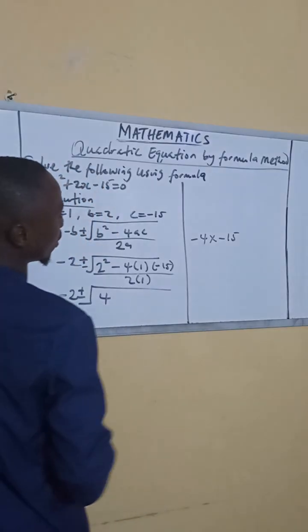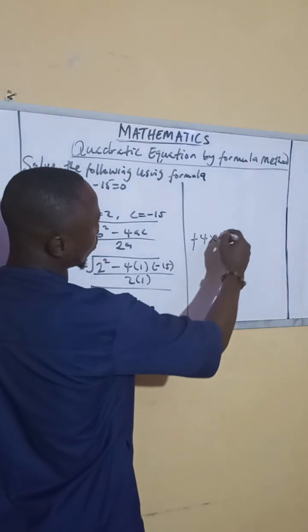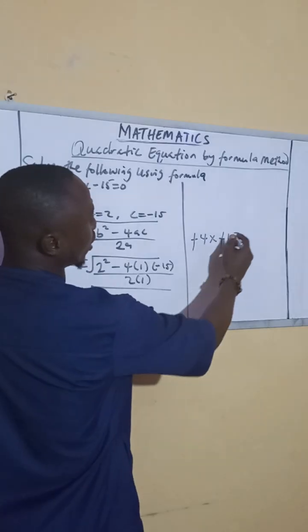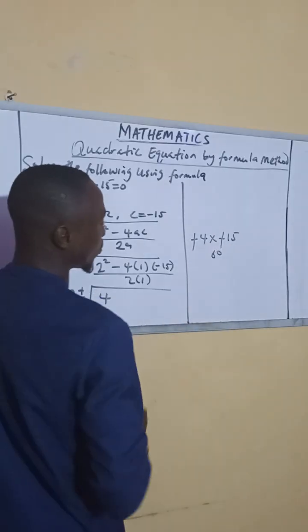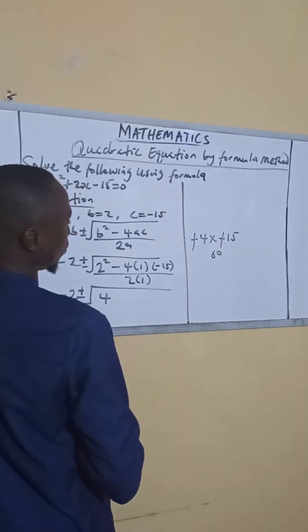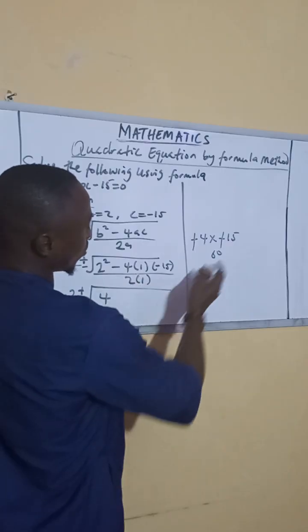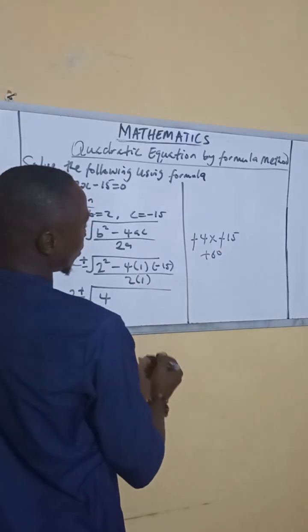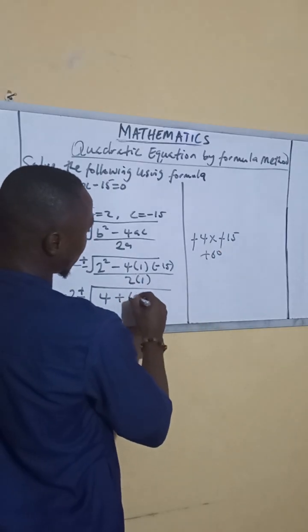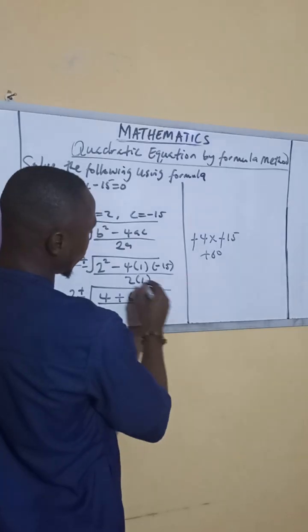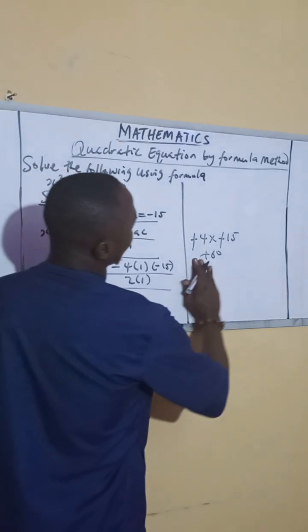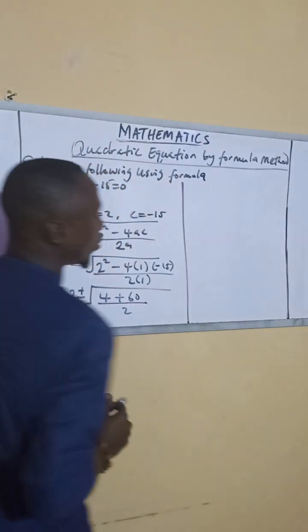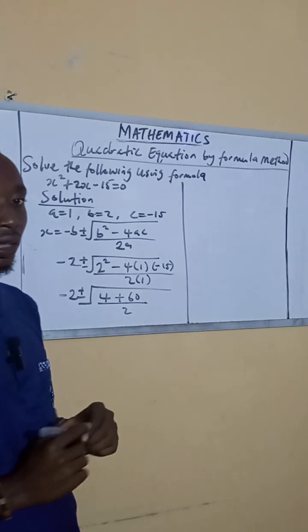This minus will cancel this minus. 4 times 15 should give us 60. Remember this 60 is positive. So it's going to be plus 60, all over 2 times 1, which is 2. I'm sure that is easy to understand.